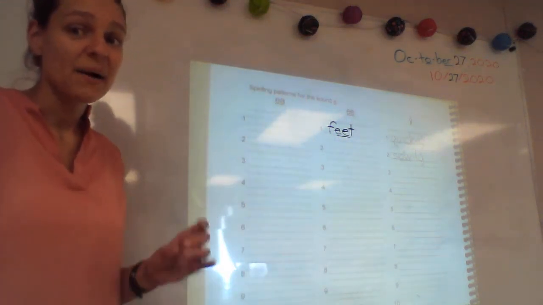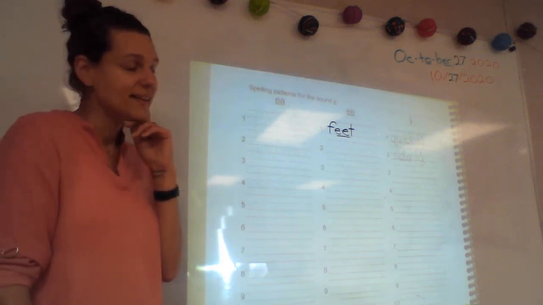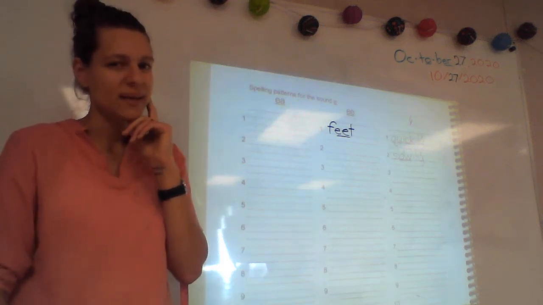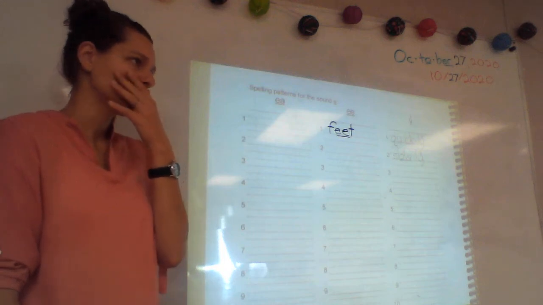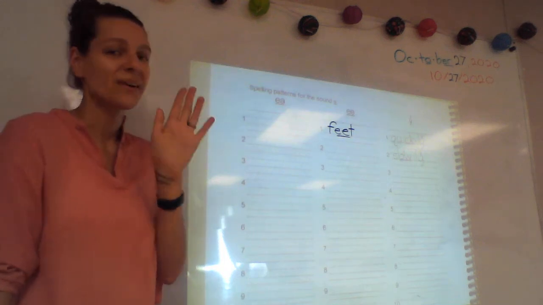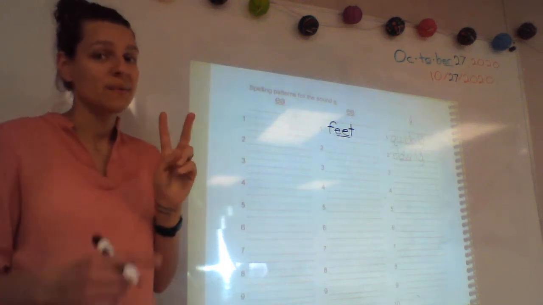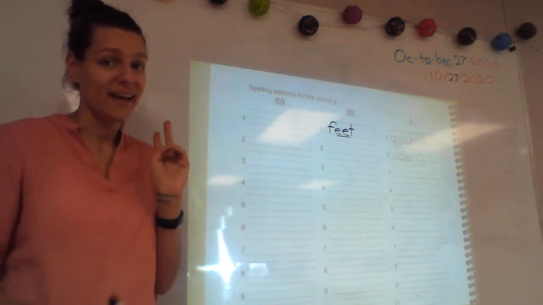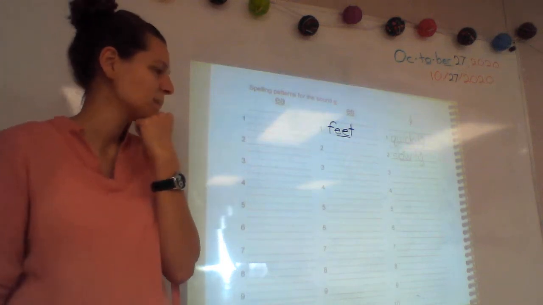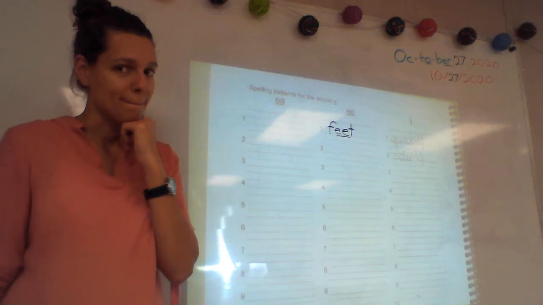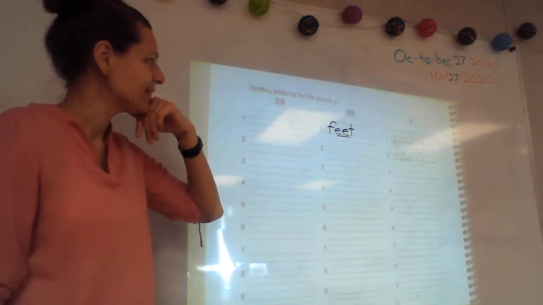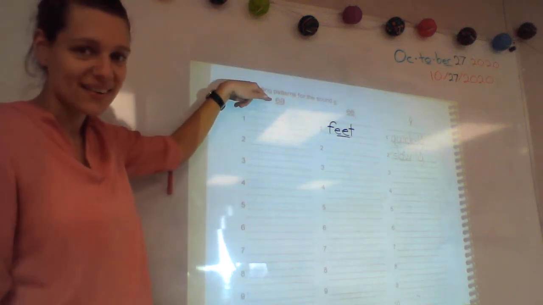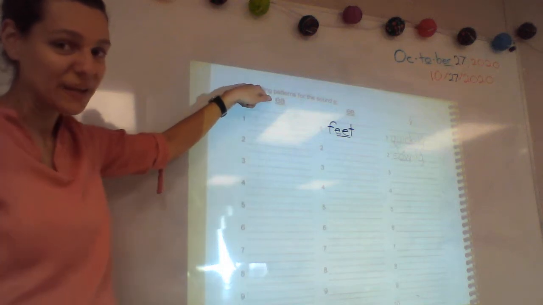All right, now in ear, which E do we use? Wait, think about it. What is it, class? Good, we use E, A for ear. So find that column. Put your finger on it. All right, good, it's this one. It's the first column of our page.